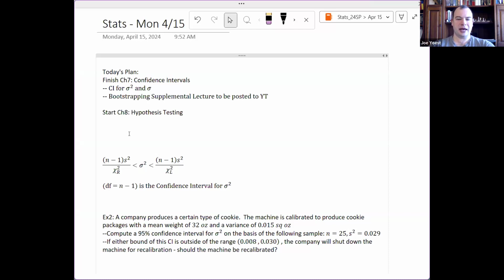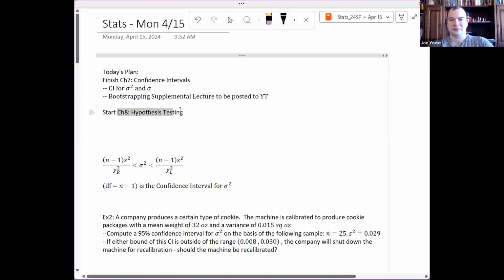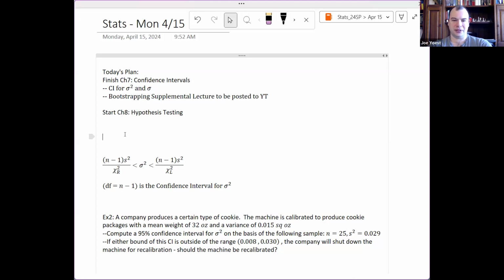It's really going to be applying the same math that we've been using in chapter 6 or in confidence intervals, but applying it to a new area of inferential statistics, hypothesis testing. So the challenge in chapter 8 is not really the new calculations, but what calculations are we doing at what point, and why are we doing those calculations there?